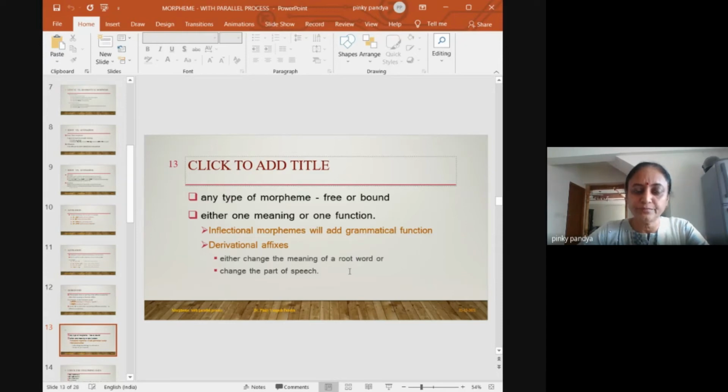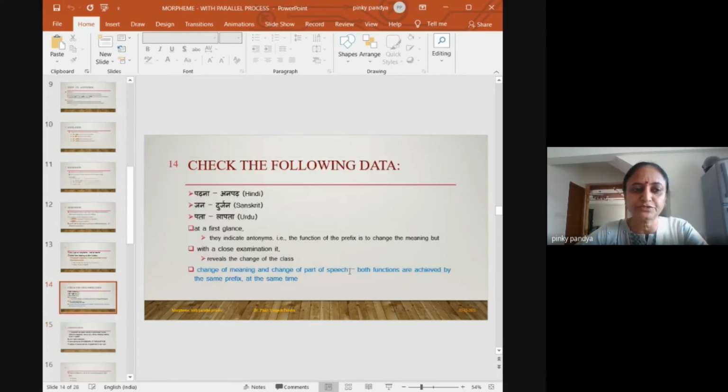Derivational morphemes may change the meaning or may change the part of speech. But now I want to draw your attention to this data. If you look at this data: padna, anpad, jana, durjana, pata, lapata.